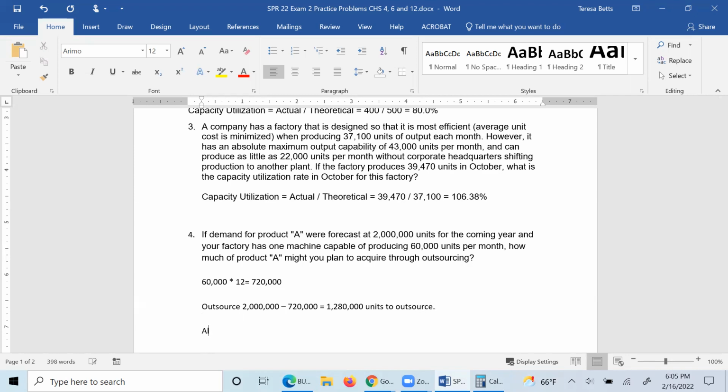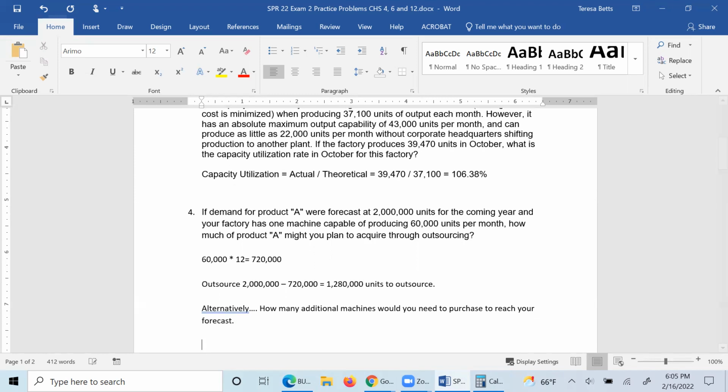Alternatively, you might be asked something like, how many additional machines would you need to purchase to reach your forecast?